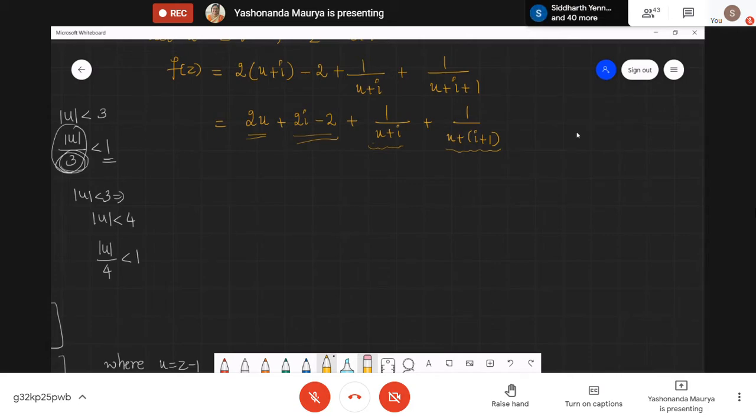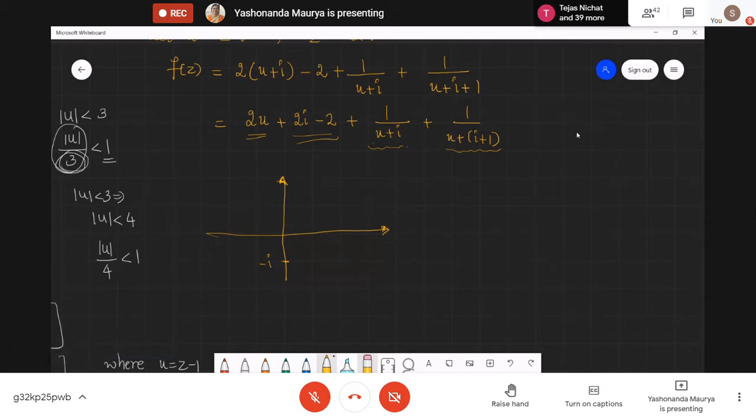If I try to visualize all my things in this complex plane, which I denote by u, then what do we get over here? What are the problematic points? u equal to minus i. Where is that u equal to minus i? This is one of the problematic points here. Minus i.